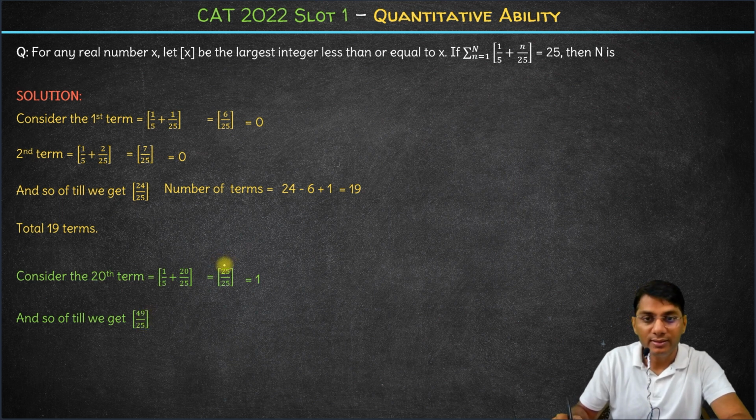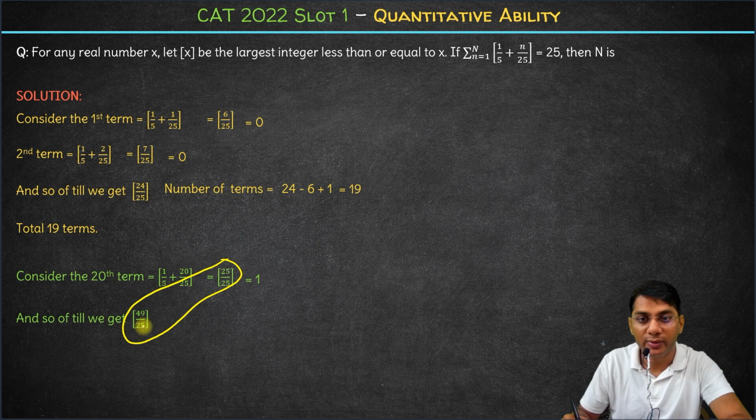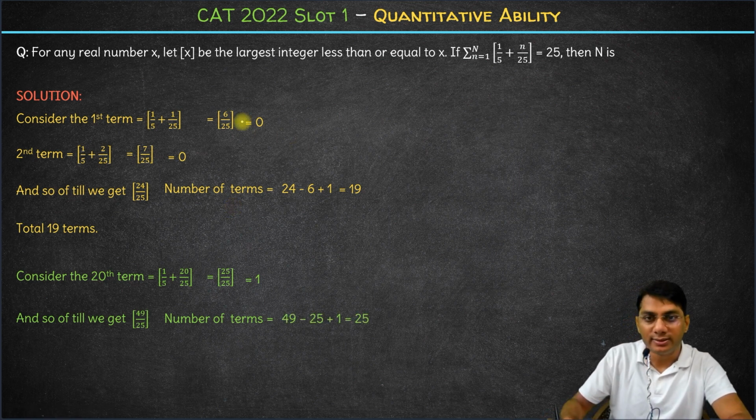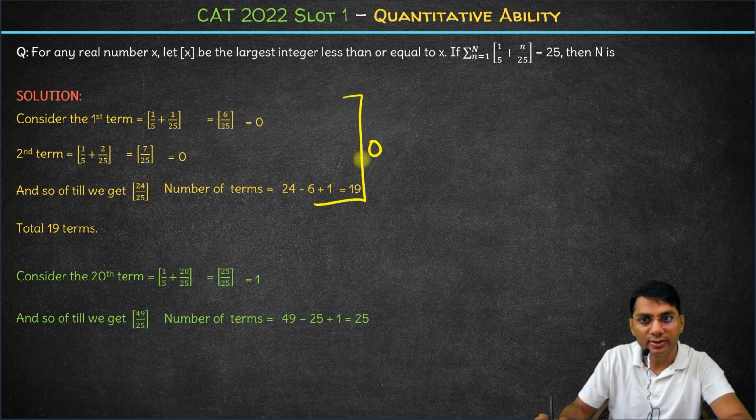So all these terms from 25 by 25 till 49 by 25 will have a value of 1. Let's see how many of these terms have a value 1. The number of terms will be all the consecutive numbers from 25 to 49. So the number of terms will be 49 minus 25 plus 1, which comes out to be 25. Since all the first terms were 0, their sum was 0.